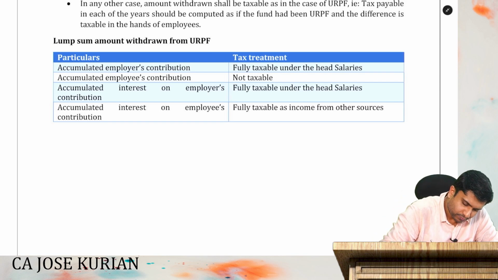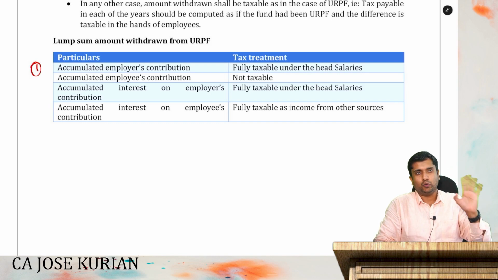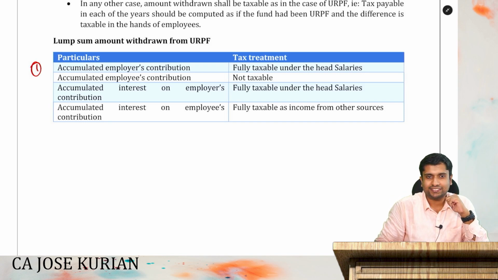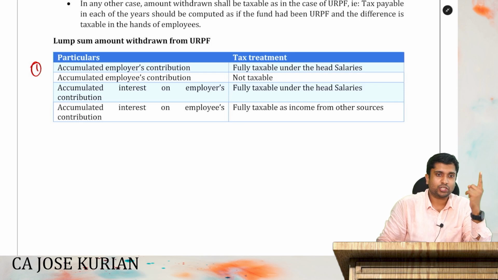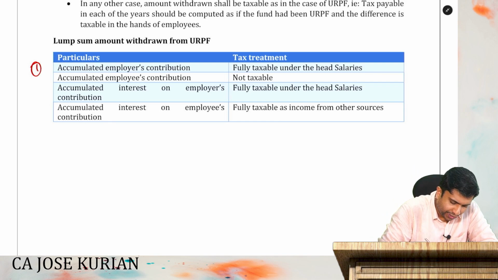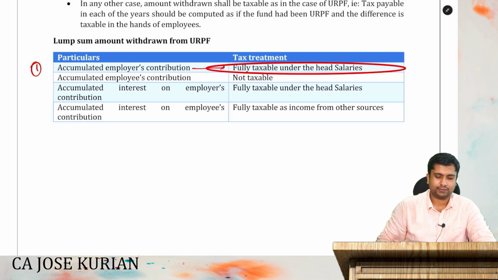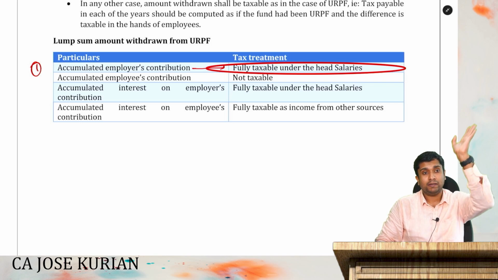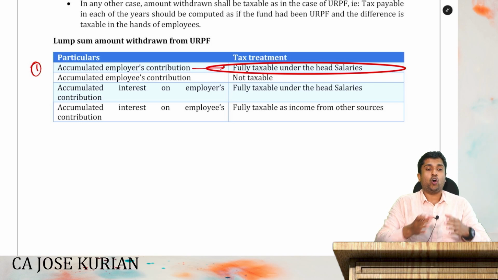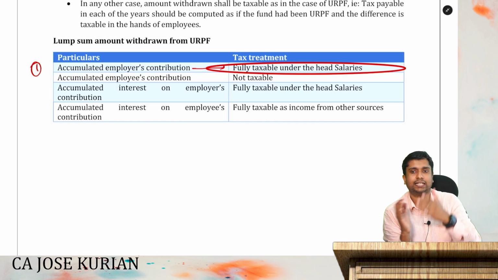Let's understand. Point number 1, in a URPF account, there will be 4 components: employer contribution, employee contribution, interest on employer contribution, and interest on employee contribution. Now, when you are withdrawing, accumulated employer contribution shall be fully taxable under the head salaries.